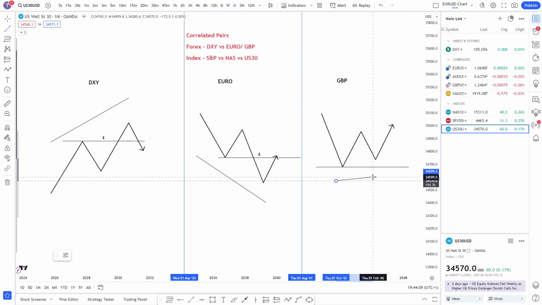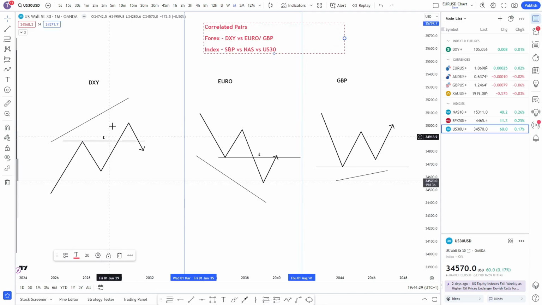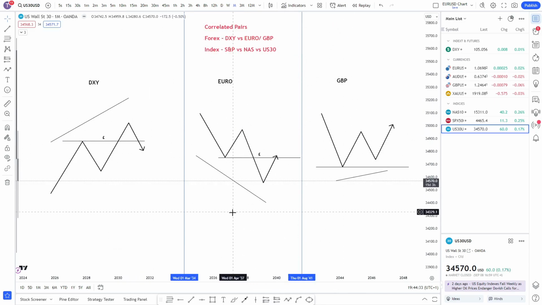What we're looking to do in this situation is understand, first of all, the purpose of the DXY and what we're looking to get out of the DXY, and make a decision on whether or not we're going to take a setup in here or a setup in here. The truth be told, we can take a setup in both if the DXY is correlating correctly with euro and the pound.